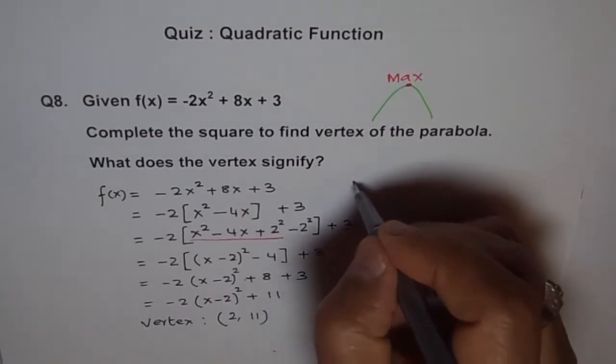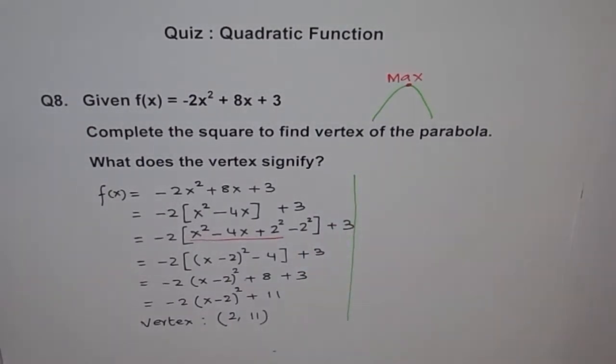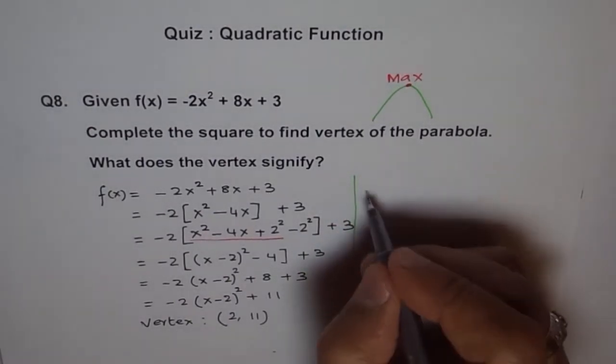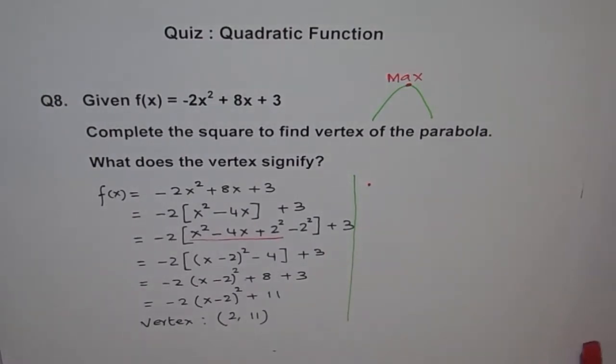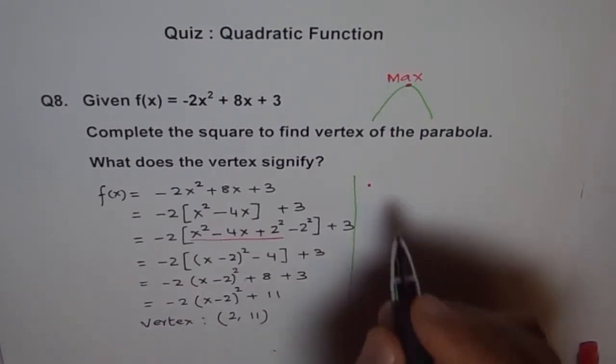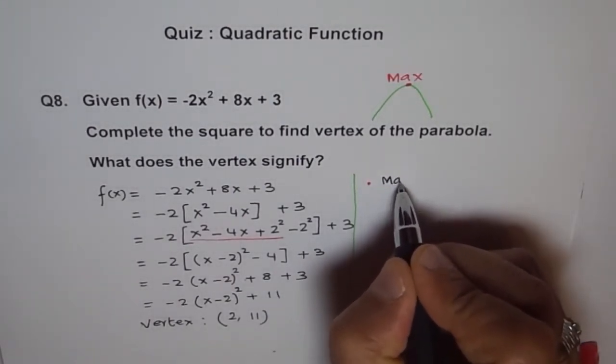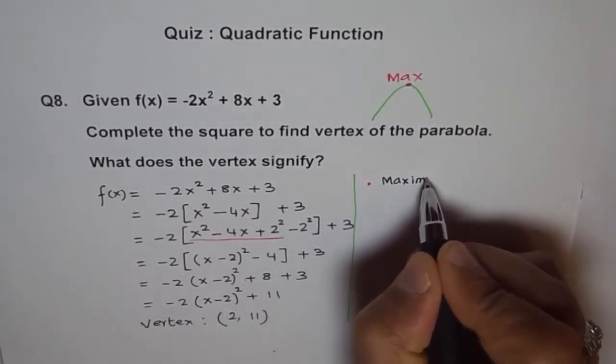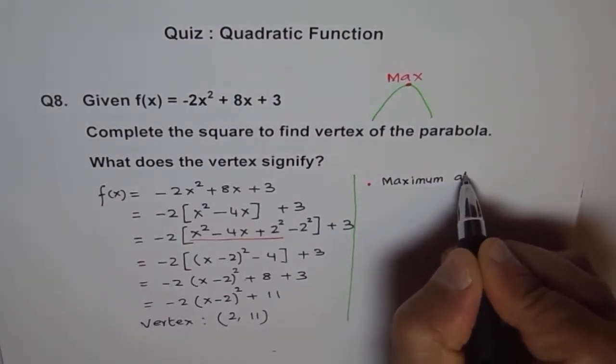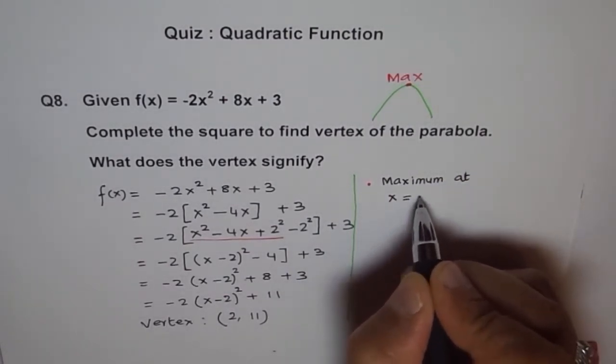And what does this vertex signify? Now, the vertex will signify, so that's the first part we have done. So what does the vertex signify? Since we have minus here in this equation, the parabola will open downwards, and therefore the vertex signifies a maximum, at x equals 2, right?